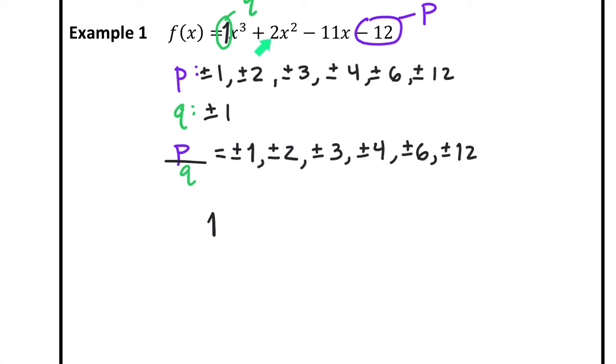Then the number in front of x squared is 2. Then the number in front of x is negative 11. And then the last number is negative 12.